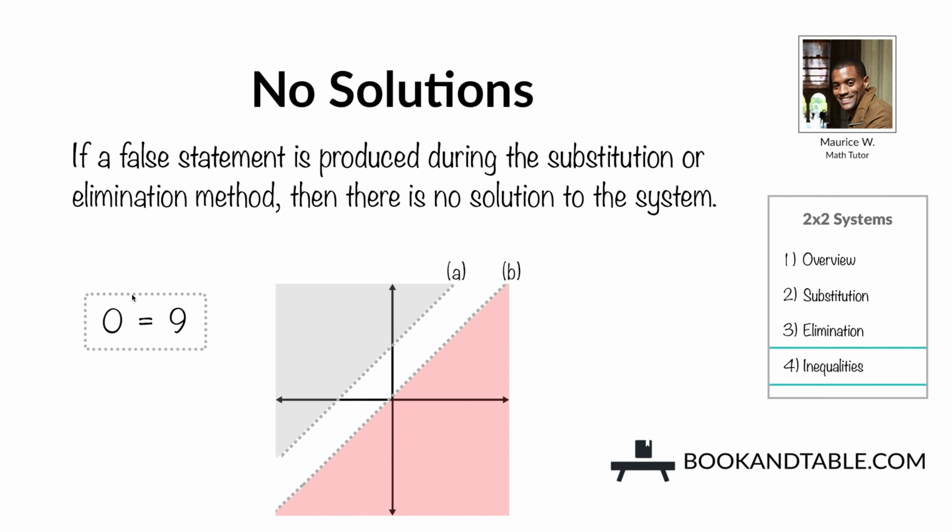So keep an eye out for statements such as 0 is equal to 9, 1 is equal to 4, 7 is equal to -3. If you hit such a point, that lets you know that the visual representation of what you are working on looks something like this. You have two parallel lines, and the area of solutions do not overlap each other.